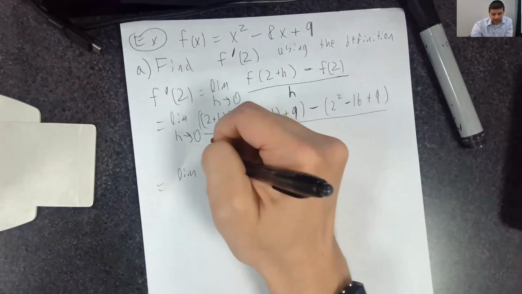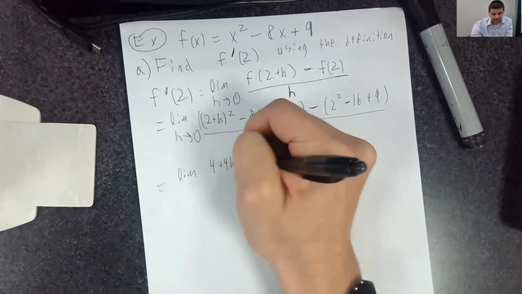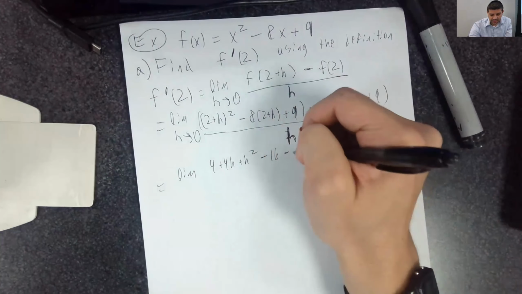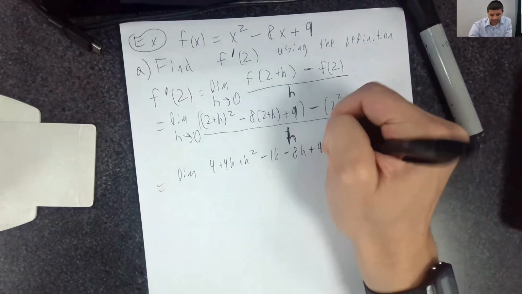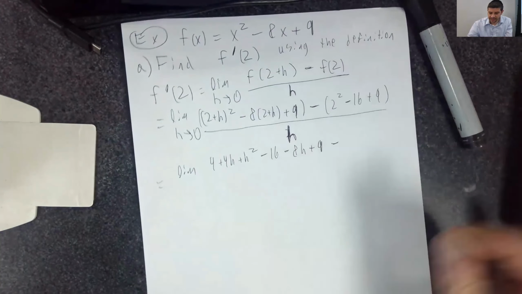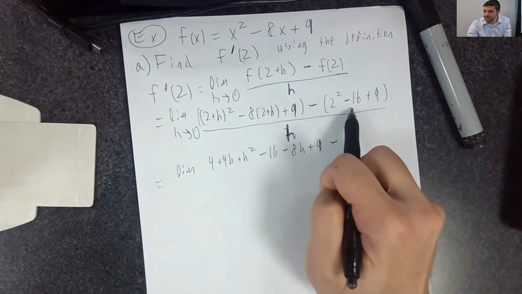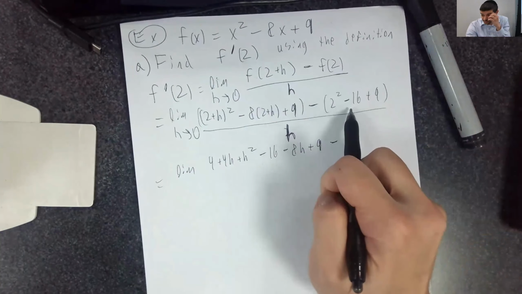So 4 plus 4h plus h squared minus 16 minus 8h plus 9. And then minus, well, I have 4 minus 16, negative 12 plus 9, negative 3.